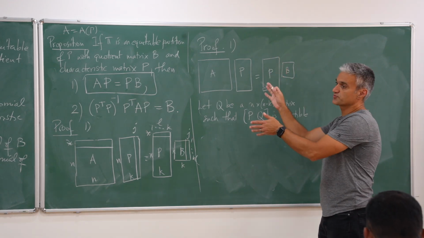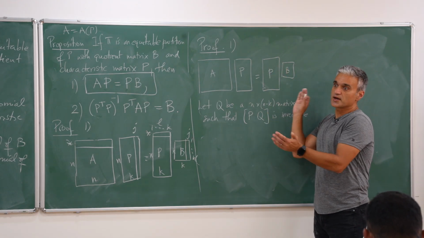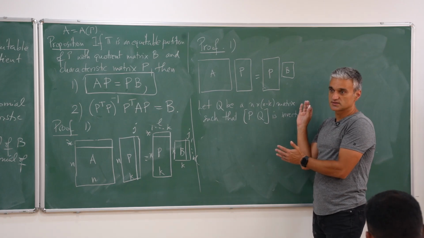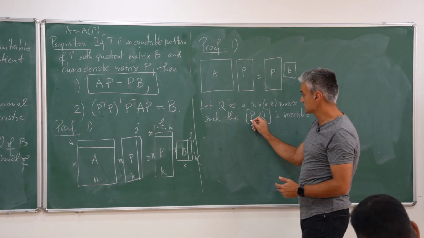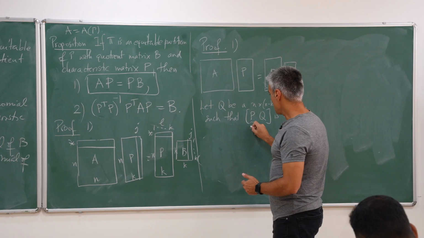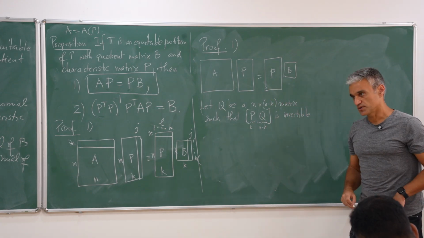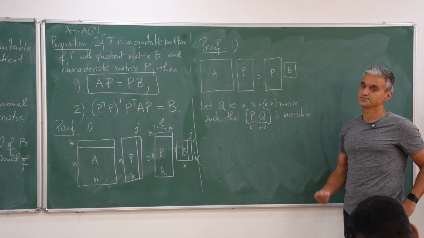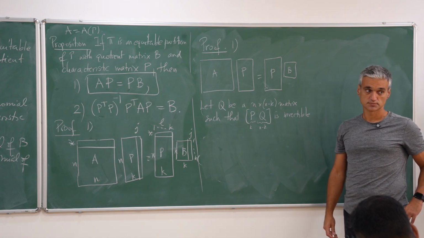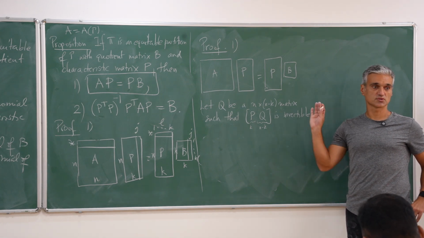So the columns of P are linearly independent. You add more columns to them, so you make a basis. These are the Q. P had k columns, and now you just add n minus k columns any way you want. Your favorite procedure. Okay, everybody follows?